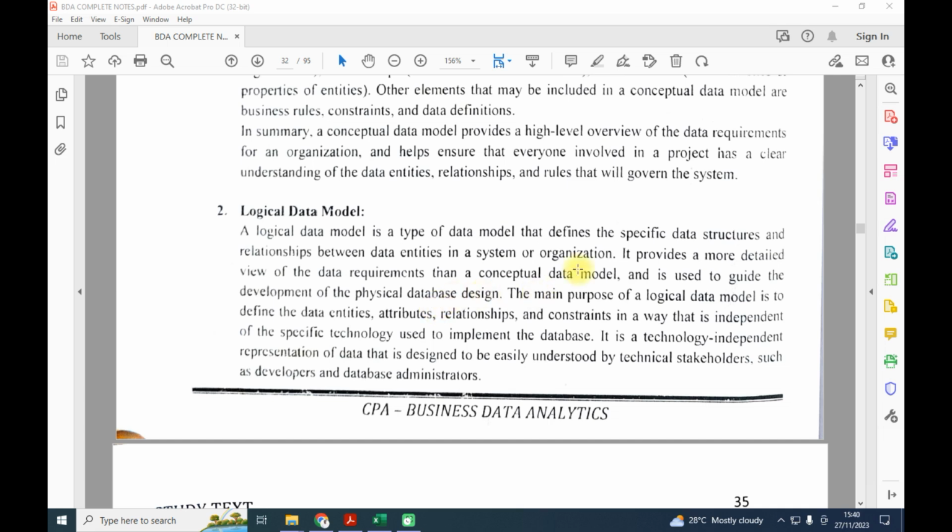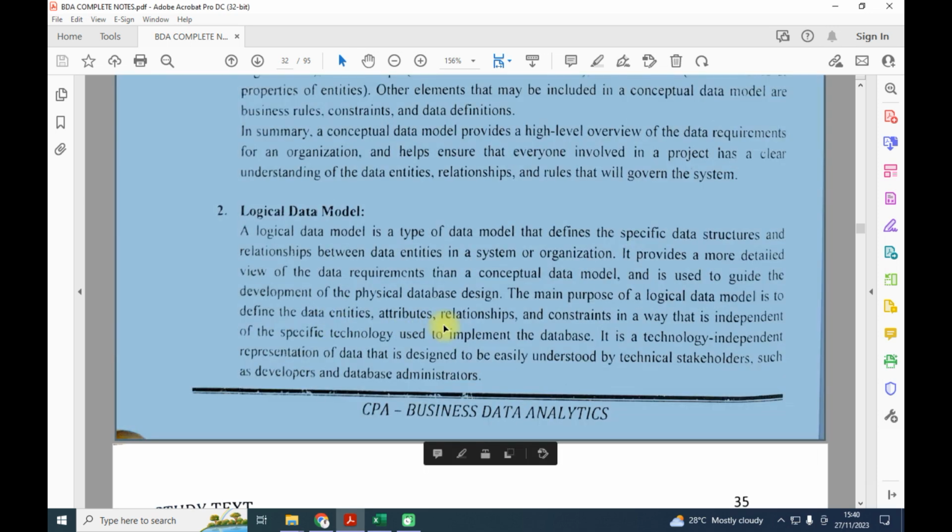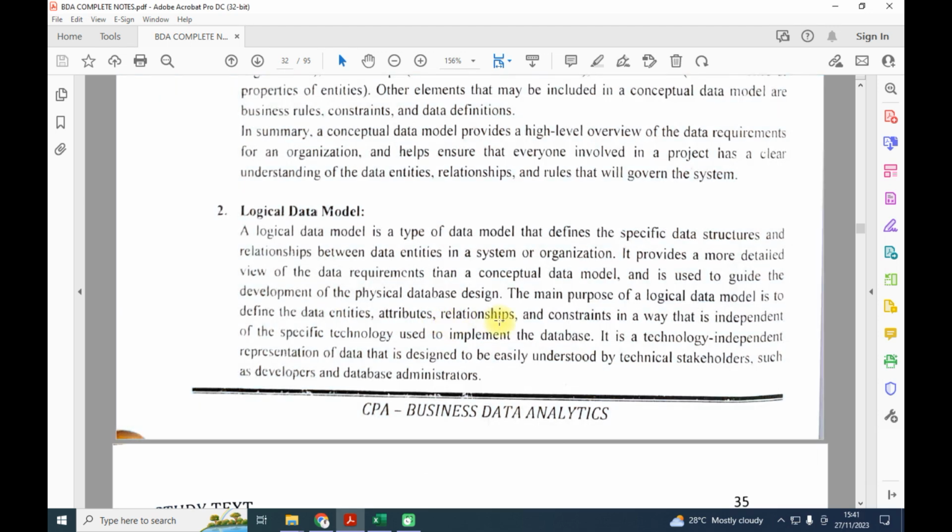So the main purpose of the logical data model is to define the data entities, attributes, relationship, and constraints in a way that is independent of the specific technology used to implement the data.